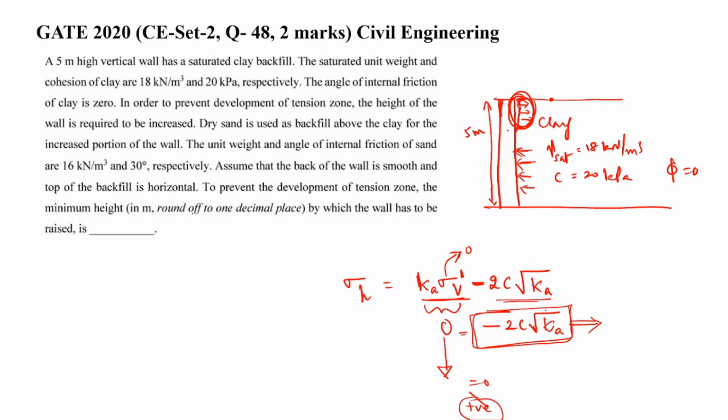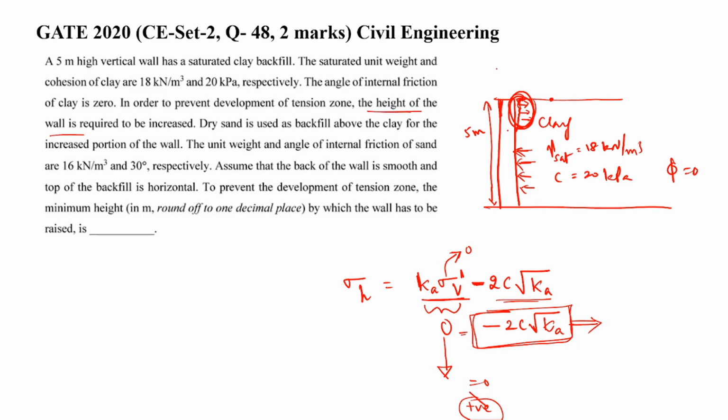To avoid that, in order to prevent the development of tension zone at the top, dry sand is used. So I want to avoid that, the height of the wall is required to be increased.